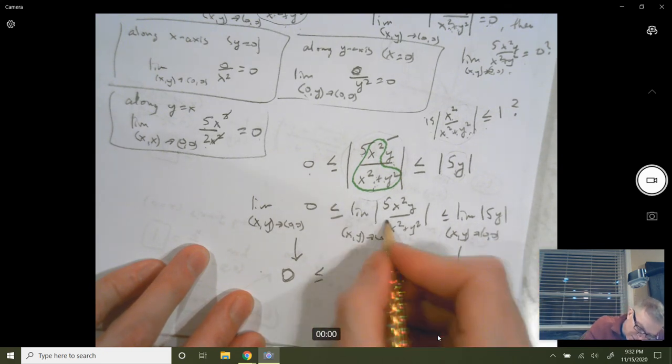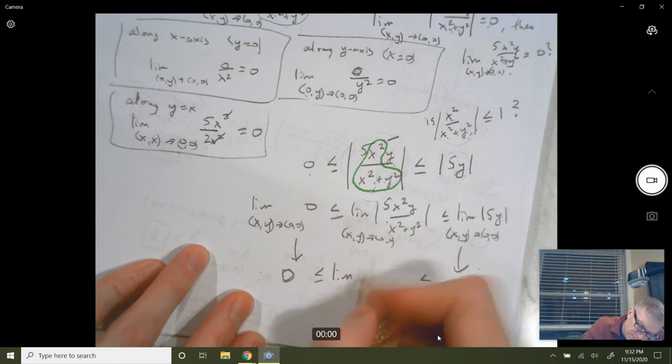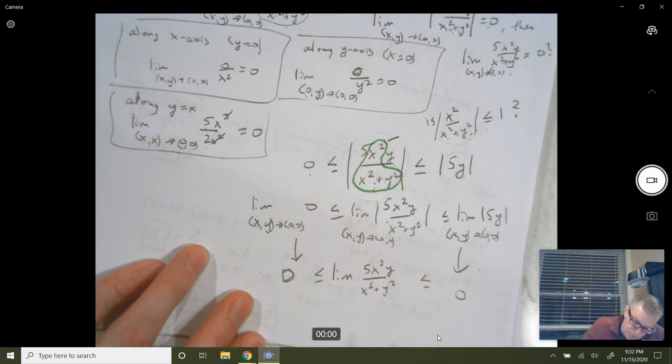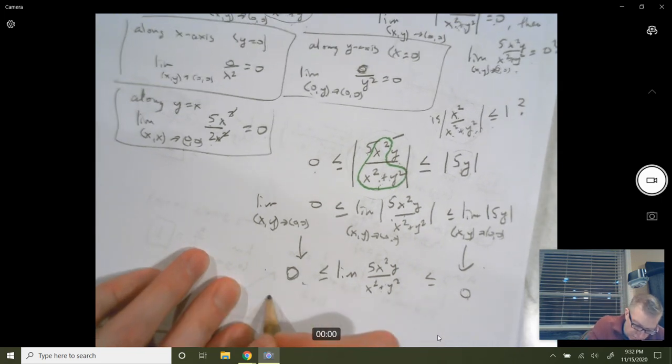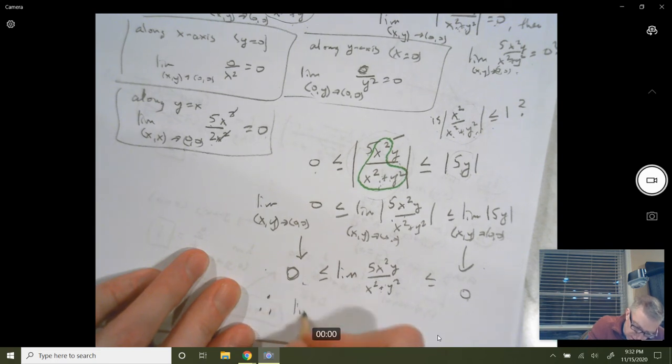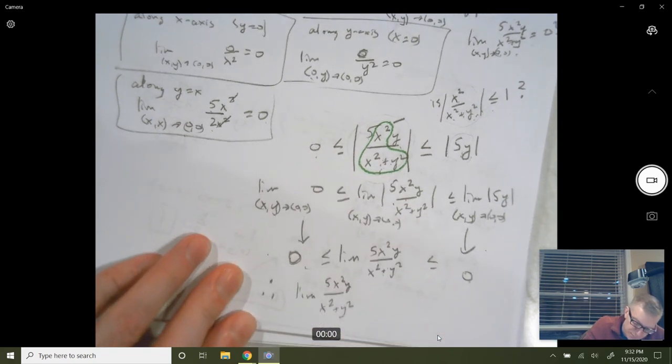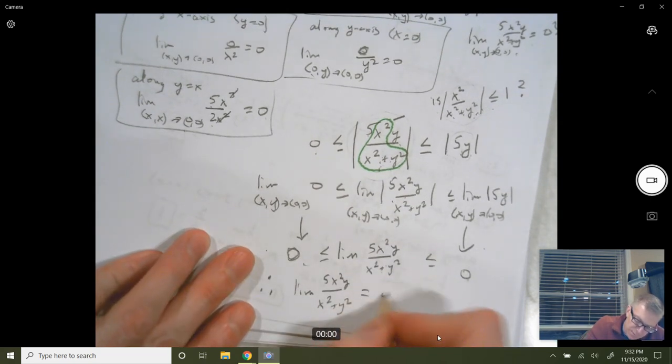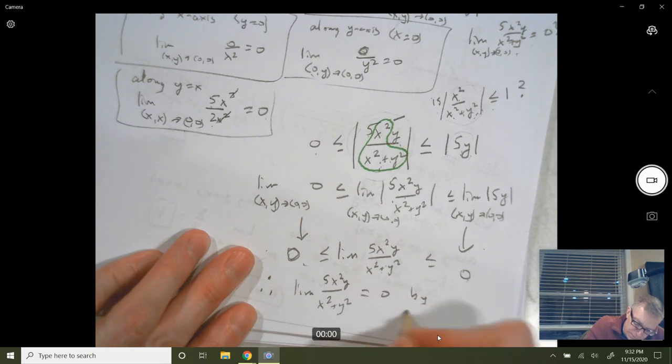So that means this limit of 5x squared y over x squared plus y squared, whether it's this or the absolute value, has to be squeezed in between 0 and 0, and therefore the limit of 5x squared y over x squared plus y squared is equal to 0 by the squeeze theorem.